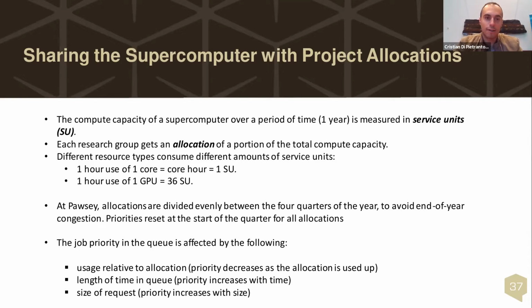As a rough estimate, you can think of the total number of CPU cores on the supercomputer multiplied by the total number of hours in a year, and that gives you the capacity of the supercomputer in service units. Then we need to partition this quantity across researchers every year. That is, each research group gets an allocation of those service units, a portion of the total compute capacity.